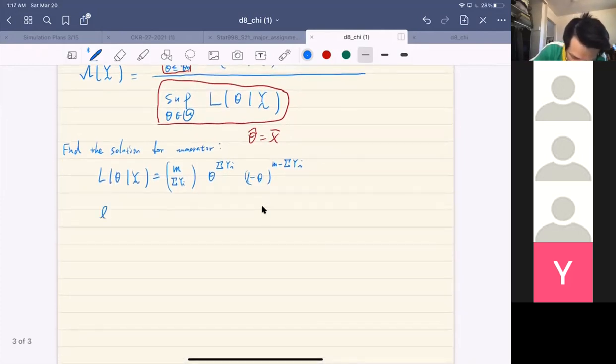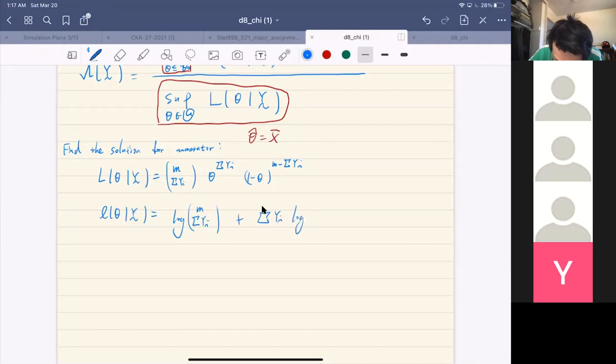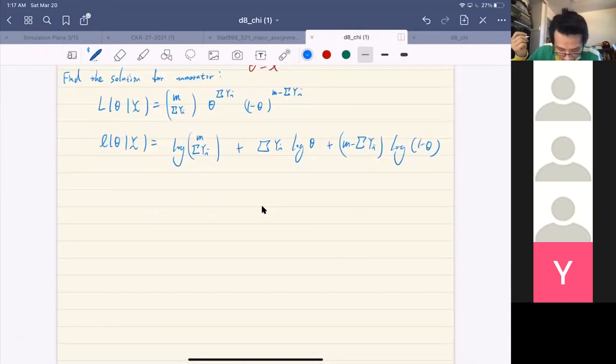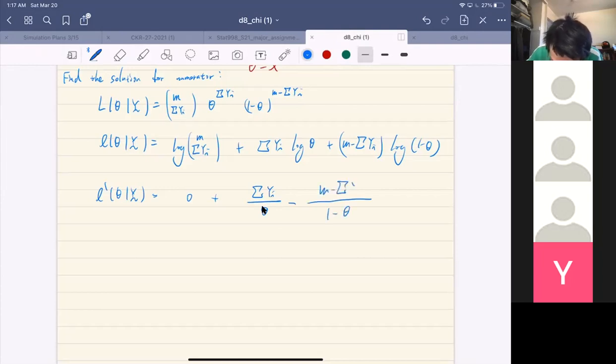Let's find the log likelihood. That would be the log of this plus summation yi log theta plus m minus summation yi log 1 minus theta. With the same procedure, we find the first derivative and set it equal to zero.